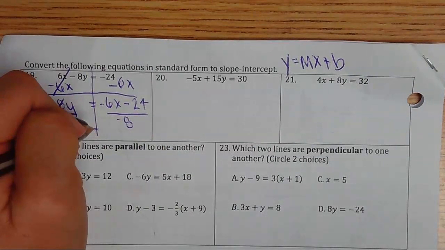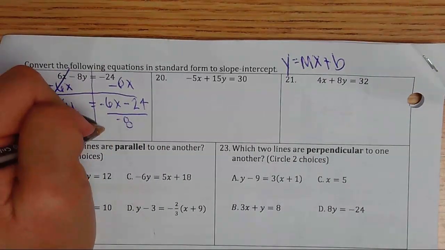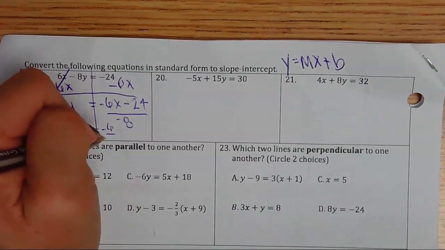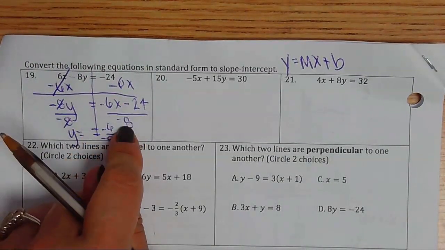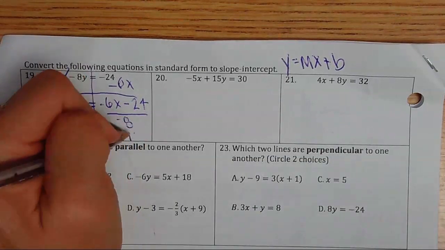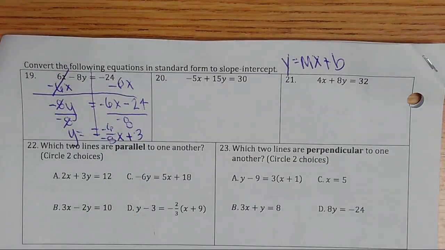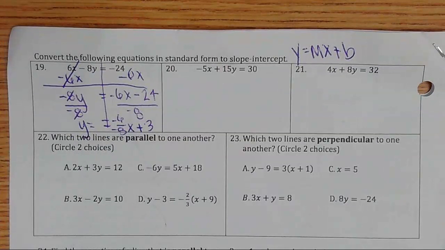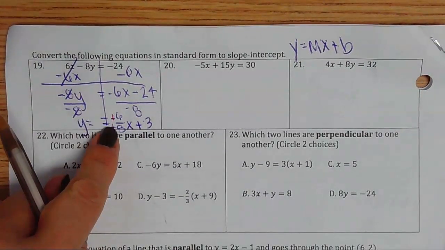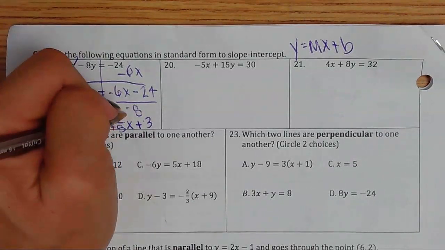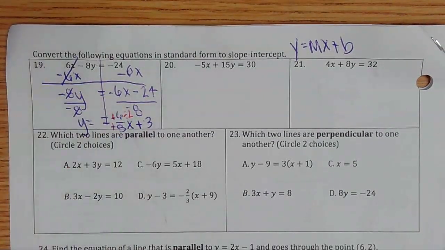So I have y equals negative 6 over negative 8x, and then negative 24 divided by negative 8 is a positive 3. Okay, the tricky thing here is these two are going to become a positive, right? A negative over a negative. And these are both divisible by 2.